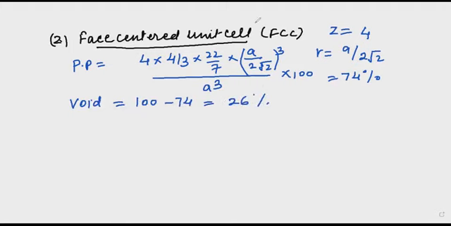It means it has good packing in comparison to SCC.